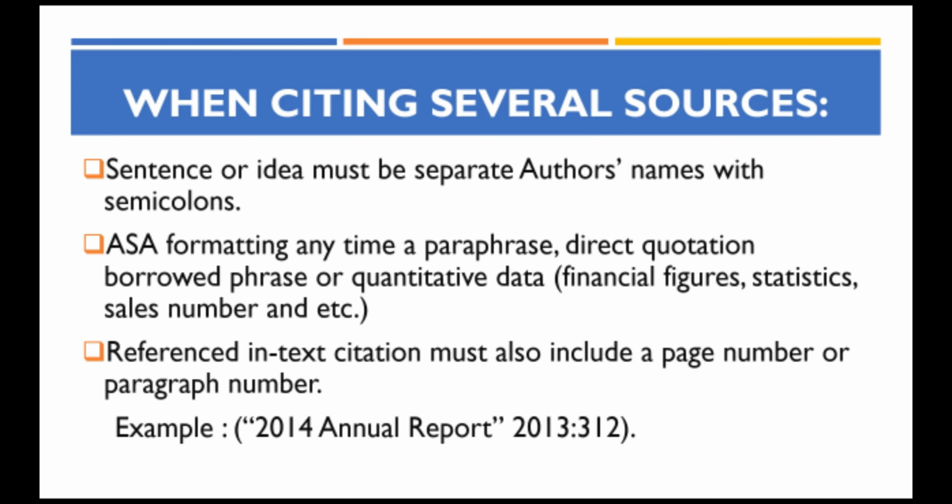As a formatting rule, anytime you use a paraphrase, direct quotation, borrowed phrase, or quantitative data like financial figures, statistics, sales numbers, and so on, the in-text citation must also include a page number or paragraph number. For example, we have here 2014 annual report, that is 2013 semicolon 312.